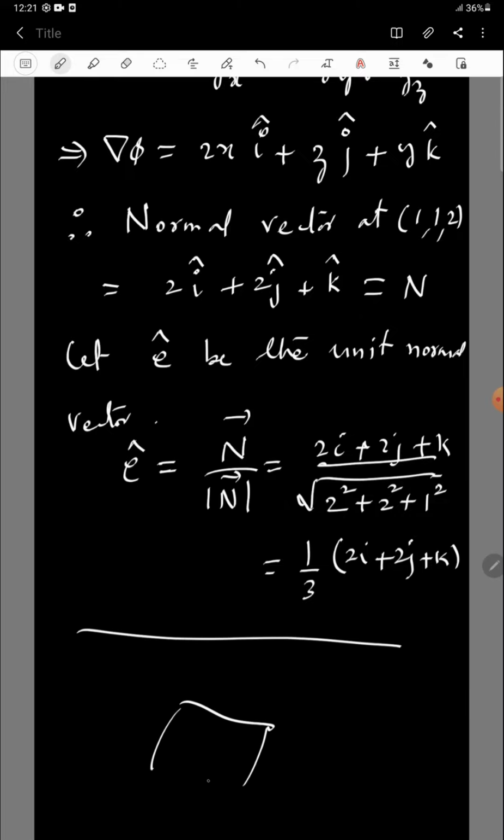Suppose there are two surfaces, and at their common point we want the angle between them. There is a common line of intersection.